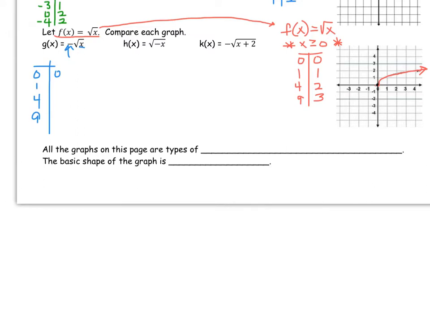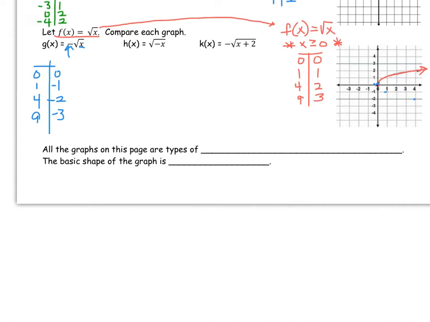If we plug in 1, the square root of 1 is 1, but the negative out in front now makes that negative 1. 4, the square root of 4 is 2, but that negative out in front will make it negative 2. And 9, the square root of 9 is 3, but the negative out in front changes it to negative 3. So we still have our 0, 0. 1 now drops down to negative 1. 4 would drop down to negative 2.